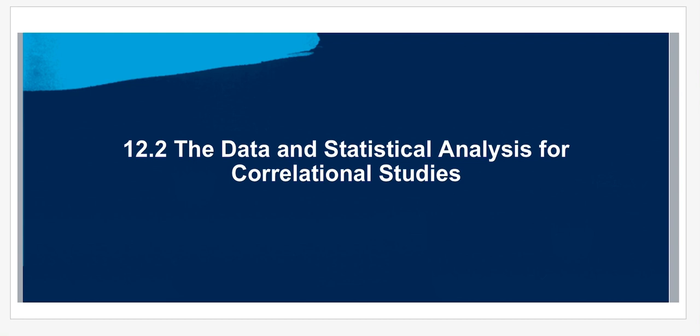So in this section, we're going to talk about what correlational data actually looks like and how we do the statistical analysis for that. And this is going to correspond to learning objectives 2 and 3, which explains how correlational studies and correlations describe the direction, the form, and the strength of a relationship between two variables, and how to identify these in a data set and in a scatter plot, which we will talk about in a second.